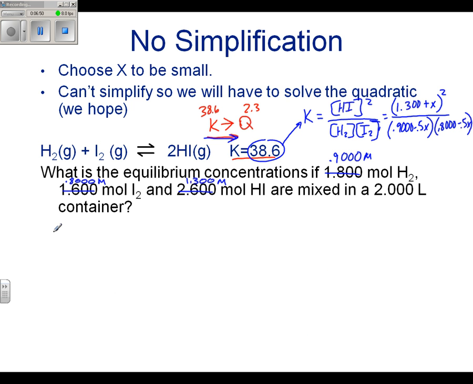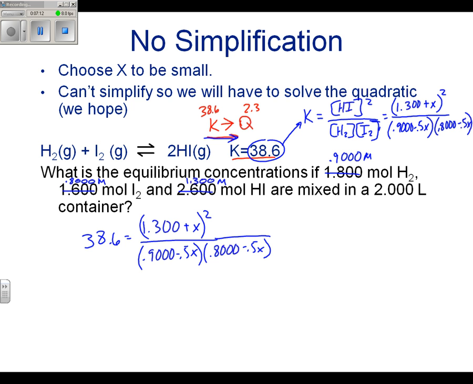Okay, so 38.6 equals 1.300 plus x, and that is squared, over 0.9000 minus 0.5x times 0.8000 minus 0.5x. And again, don't get bogged down in this. You can do it. It is just rearranging, combining like terms, which I haven't done in a while.